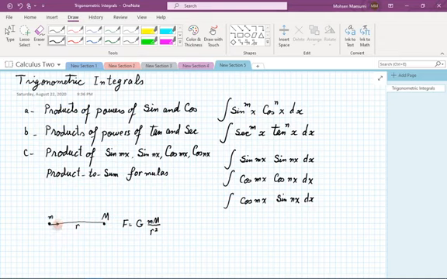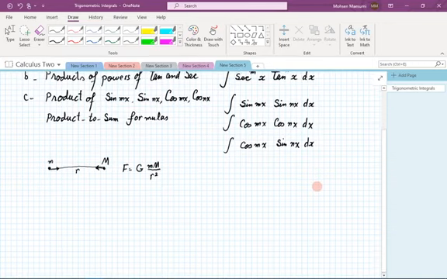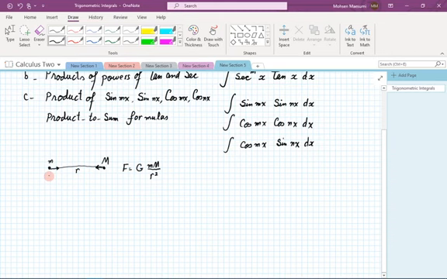So the force is an attractive force between these two and is one of the main achievements of Isaac Newton. Now a problem comes in the following context. Suppose this one is, say, Earth, which is not a point mass, rather it's a spherical mass. And suppose the other one is the Sun.